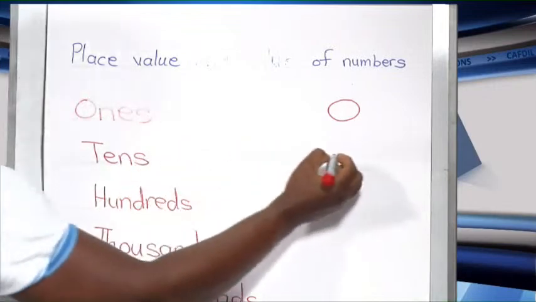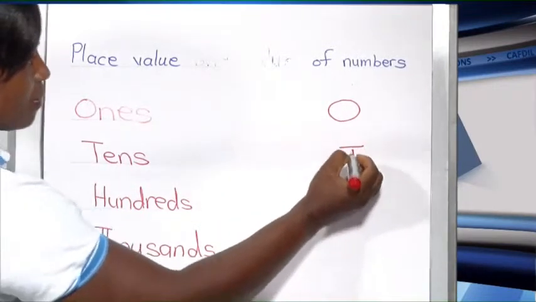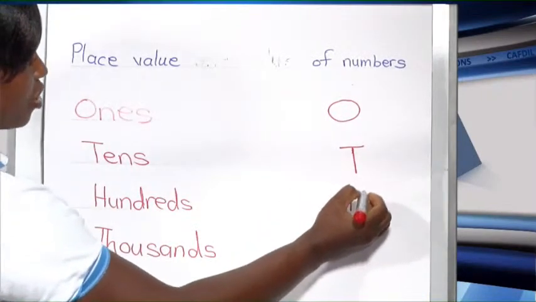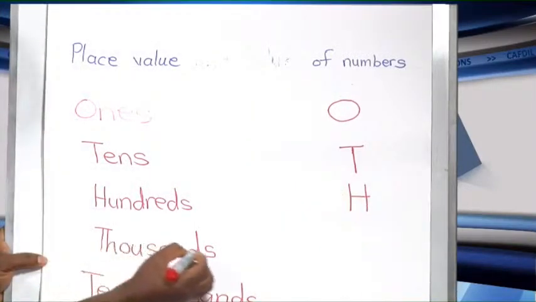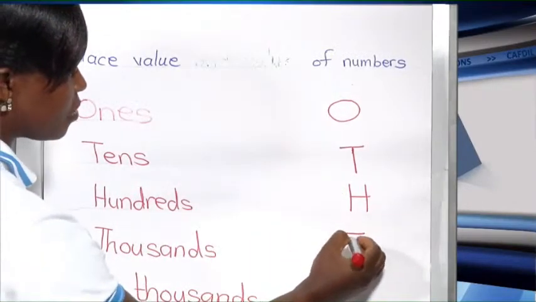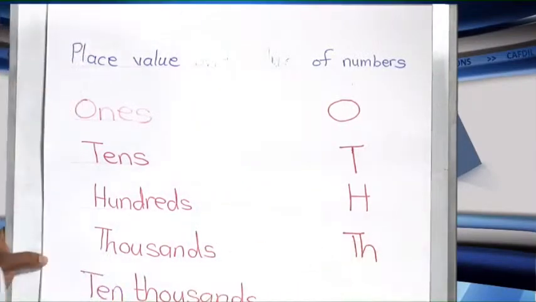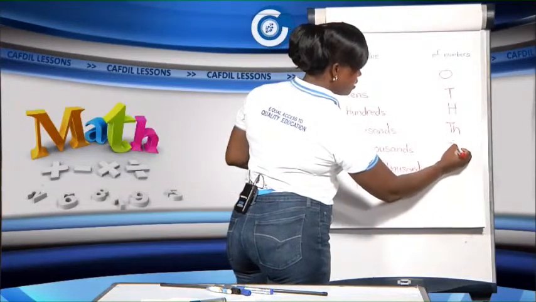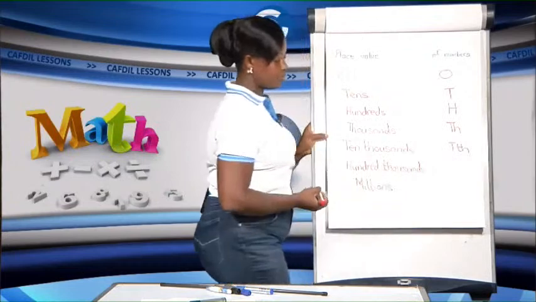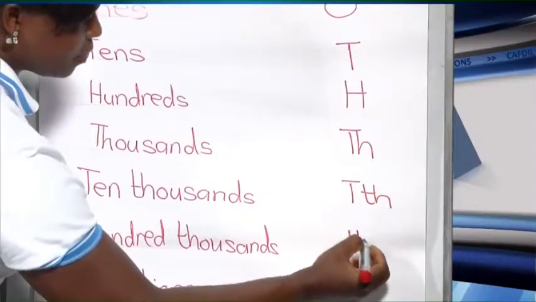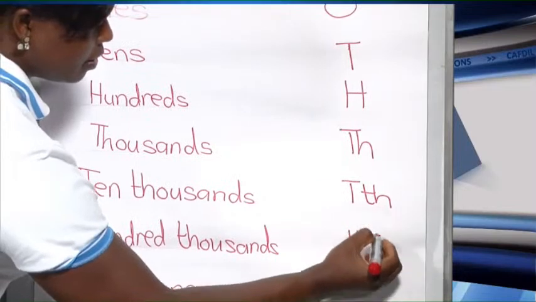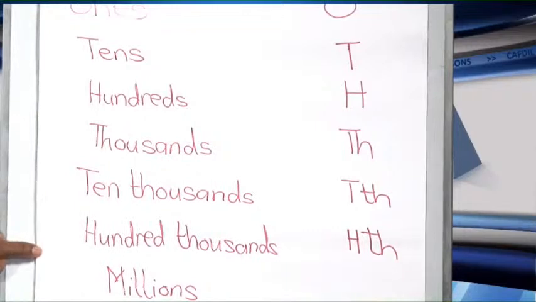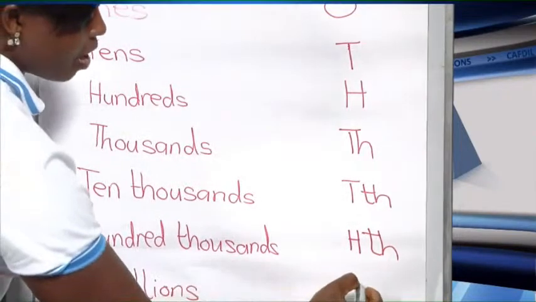And the tens, we represent with a capital T. We have hundreds to be H. Thousands, we have TH. 10,000s, we're going to have TTH. And 100,000s, HTH. And what do you think the million will be? With the millions, we're going to have our M.